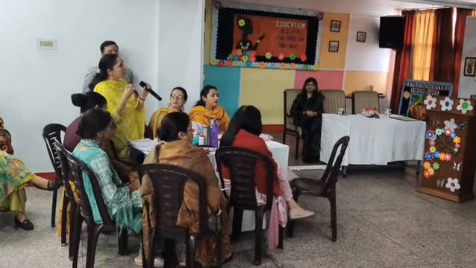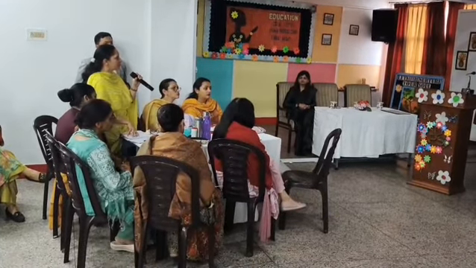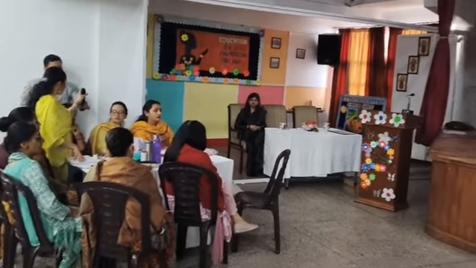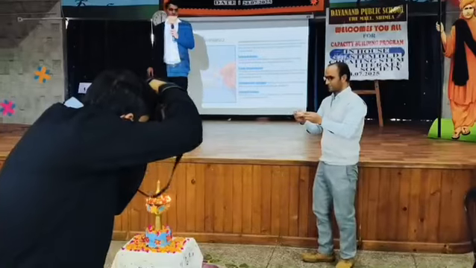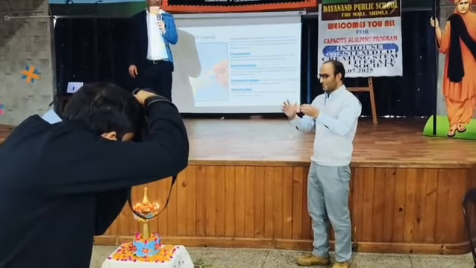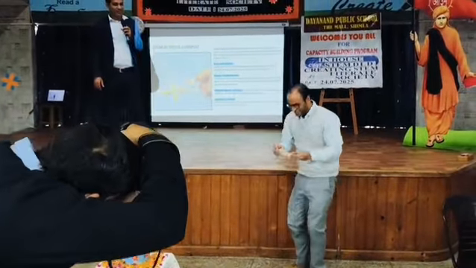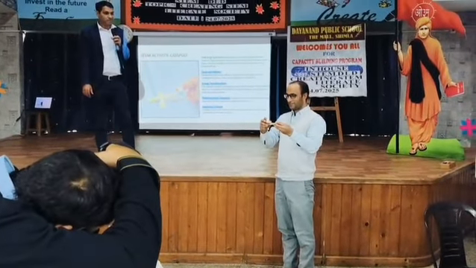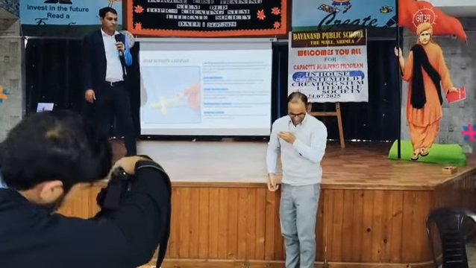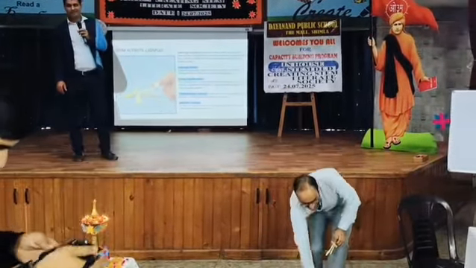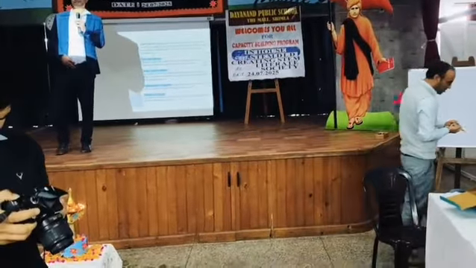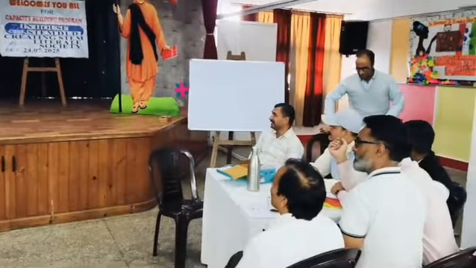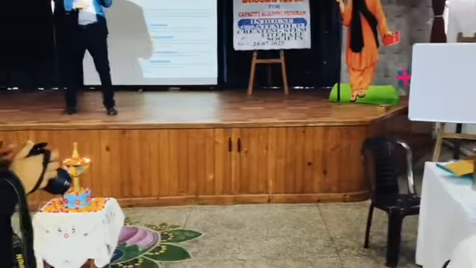Nervous system is also there, with the help of light. So we can make various working models on the various life processes. Great. So please give a huge round of applause.